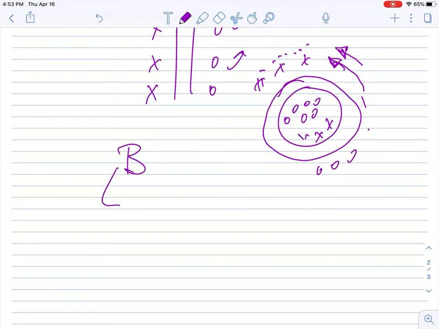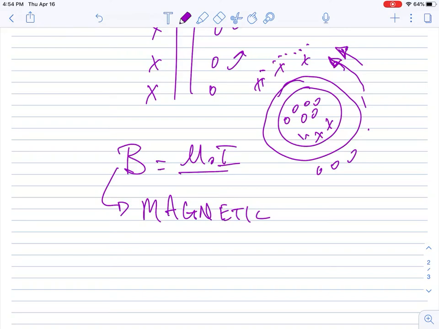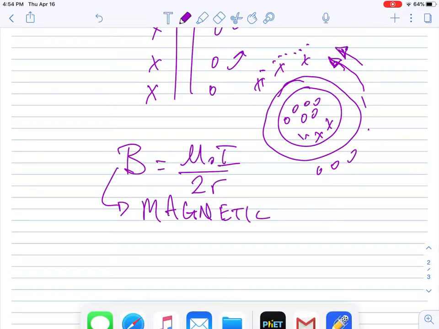So if you calculate the magnetic field, when you see this letter B, B stands for magnetic field strength, and that's mu naught I over 2R, okay?